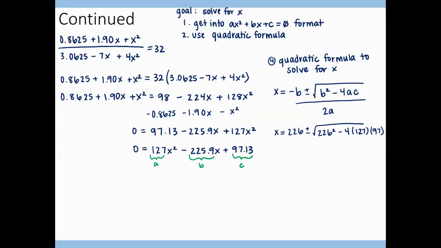C is 97, I'll round to 97 here. And then we divide by 2 times 127. Then simplifying, x is 226 plus or minus 40.9 divided by 224.